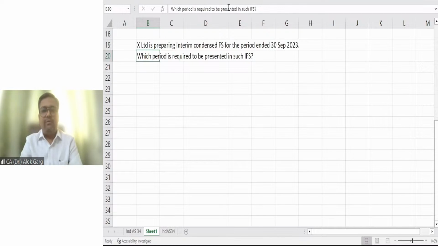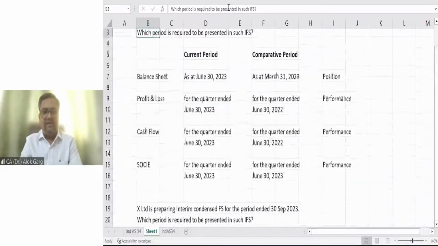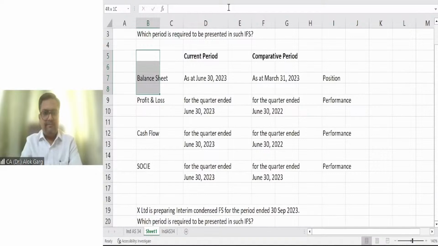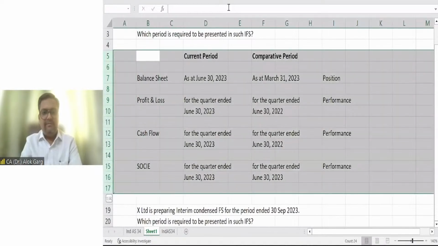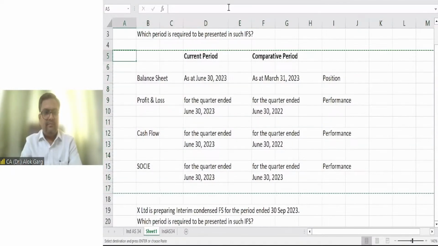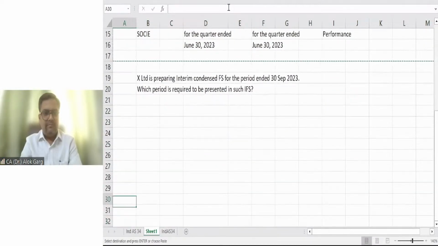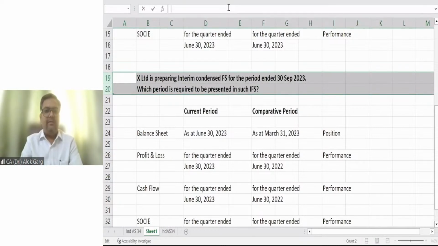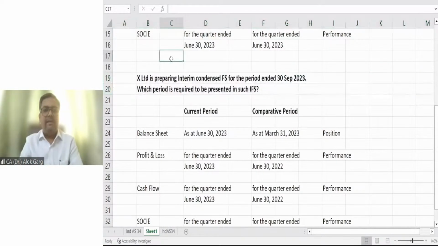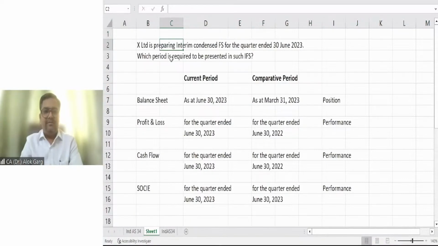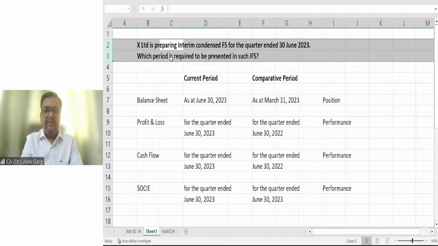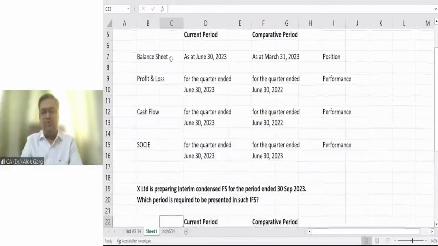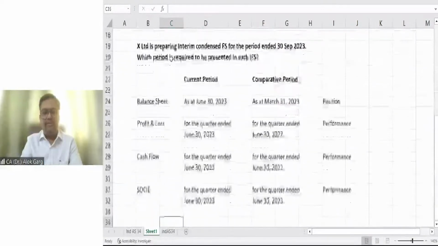Which period is required to be presented in such interim financial statement? I need the answer quickly, friends. I'm asking which period should be covered in these interim financial statement. I have covered June. I'm covering September. Right?